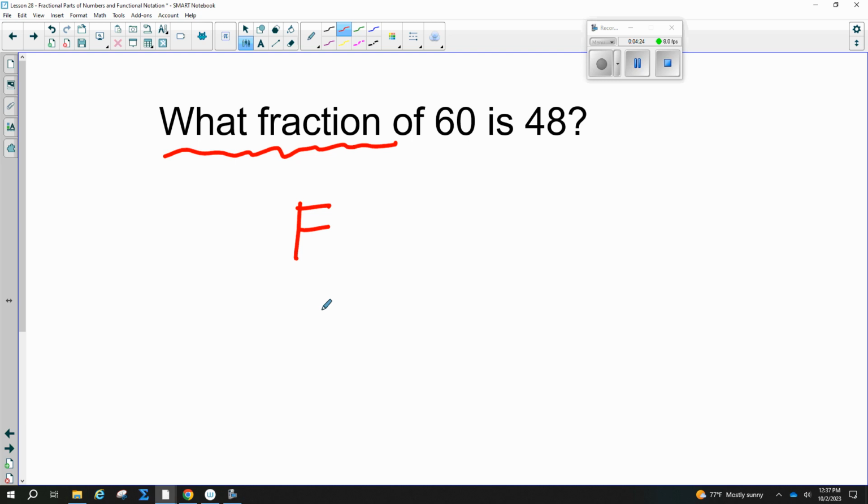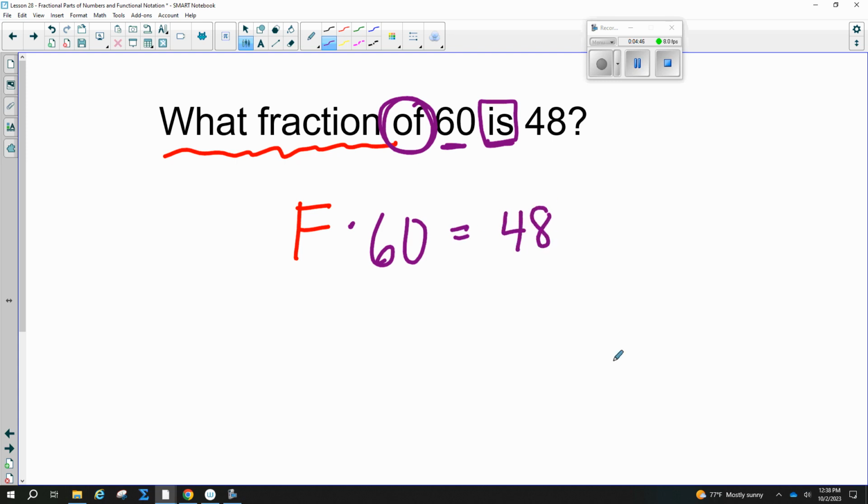And now I've got the word of. So Jeremiah, what should I write for of? Good. And then I've got 60. And then I've got is. So Eli V, what should I put for is? Yep. And then 48. So it goes exactly in the order that you write the math. Follow the English the same.